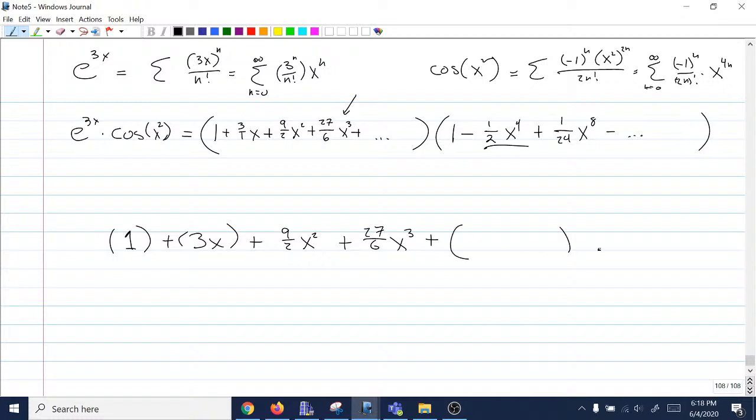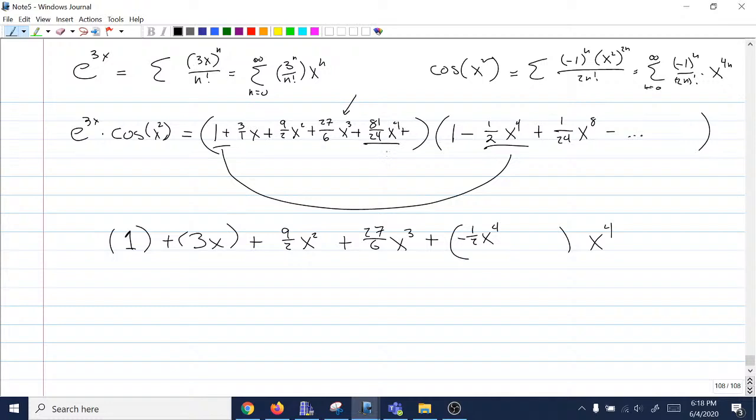What ways can I get an x to the 4th? There's 2 ways. 1 times negative 1/2 x to the 4th. And then the x to the 4th term here, which I didn't write because I said only find 4 terms. I'm going out to the 5th term because the 4th one was not a great example. The next one is 3 to the 4 is 81 over 24 x to the 4.